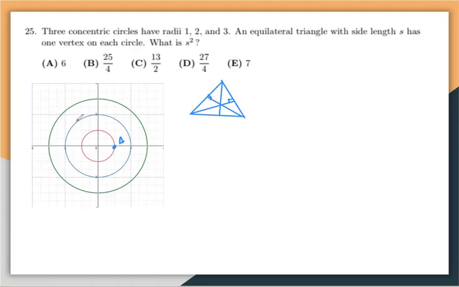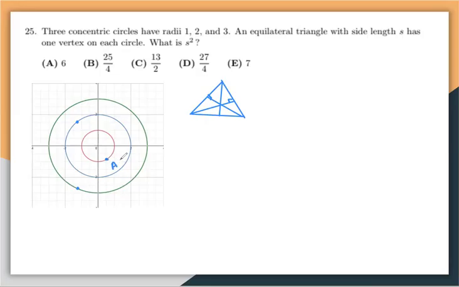To make that useful, I'll choose my point B right here, and then I'm going to choose C somewhere right here, and then A might be somewhere here.